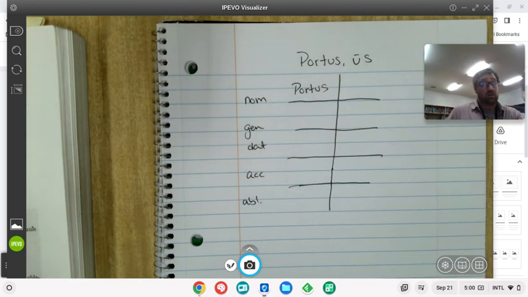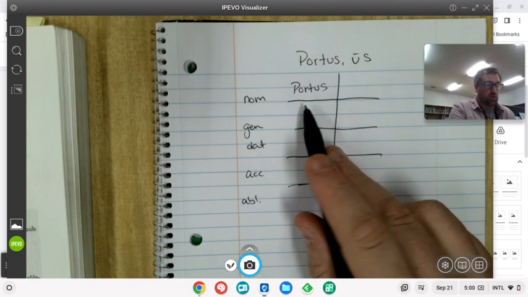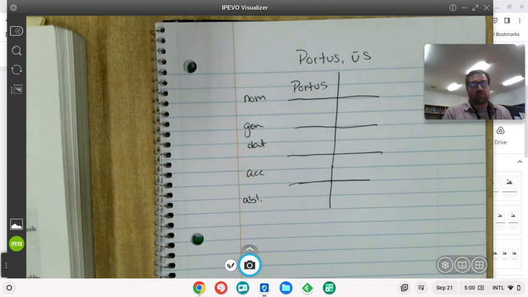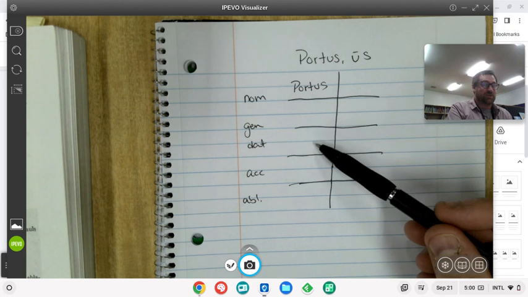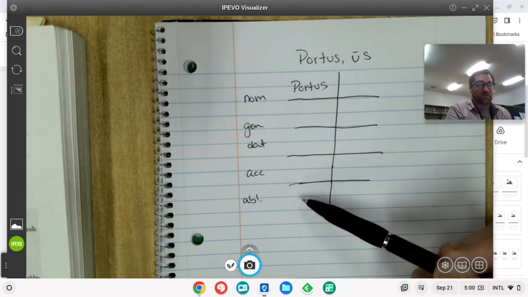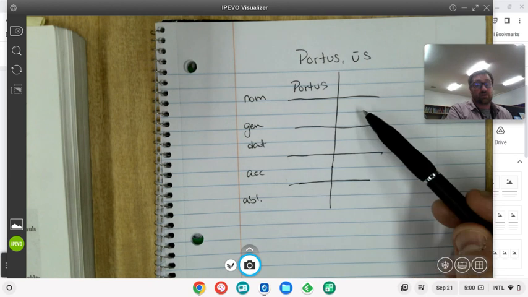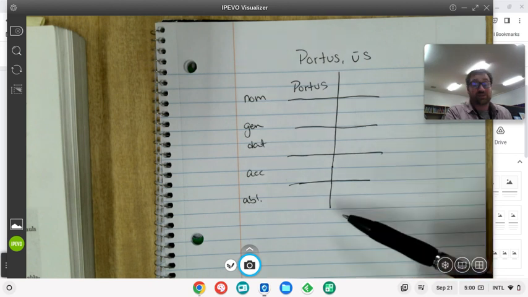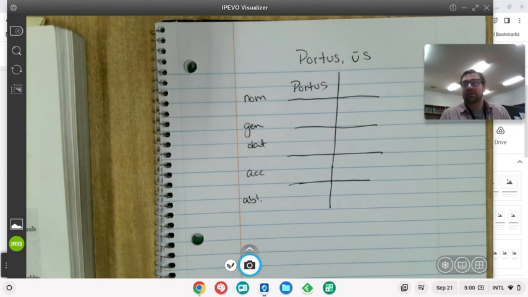If we see a sentence with portus as the subject but don't see any other forms, we might get excited, say it's a nominative, and accidentally put it into our vocabulary as porti, porto, portum, porto, porti, portorum, portis, portos, portis, like a second declension word. But we would be wrong in doing that.